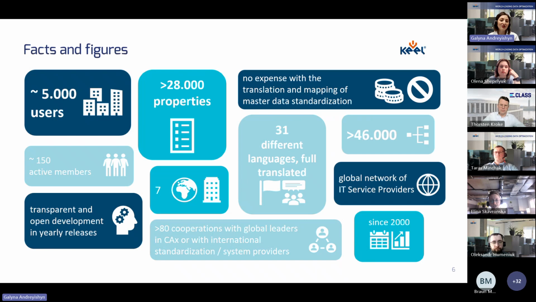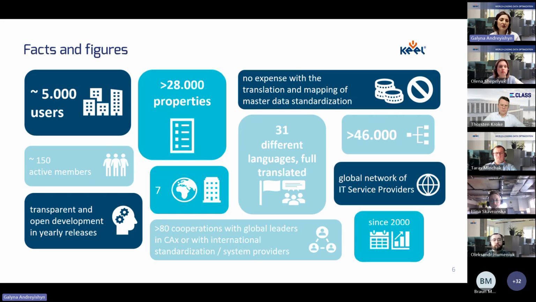The slide largely speaks for itself. ECLASS has more than 150 active members, including businesses, associations, and public institutions, contributing to its continuous development.